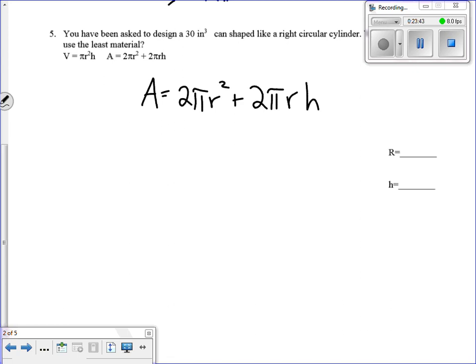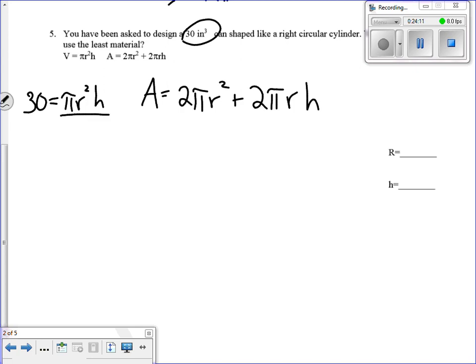Right? But that's the one you got to get in one variable. So to get rid of one of the variables, you have to look, how can I write another equation? Look for the number. If they give you a number, usually that's the clue. So that's the volume. So that must mean that 30 equals pi r squared h. So this is what we're going to use to solve for one of the unknowns.